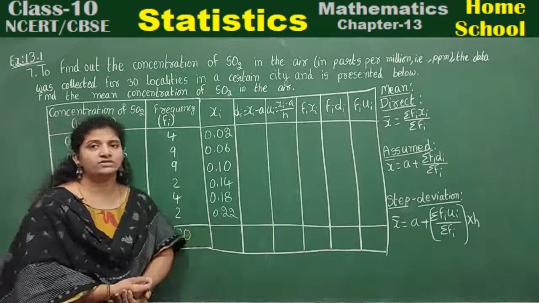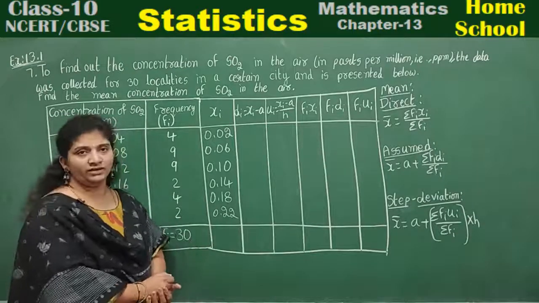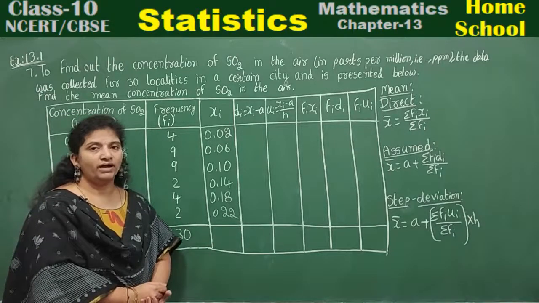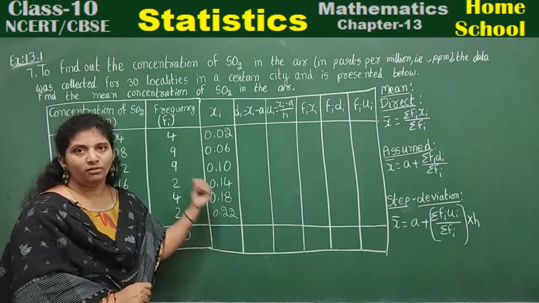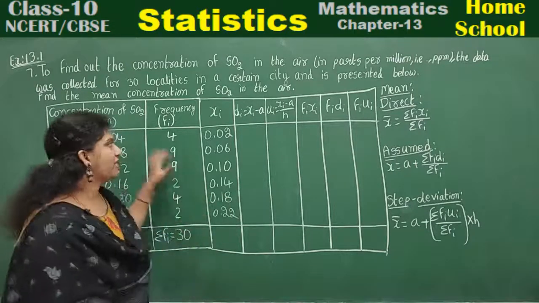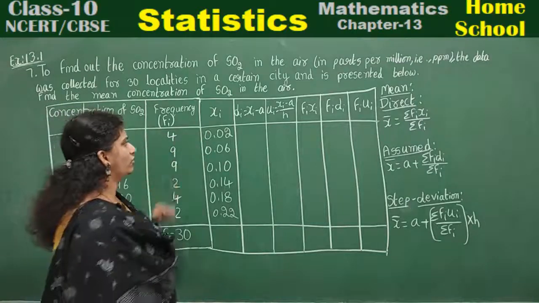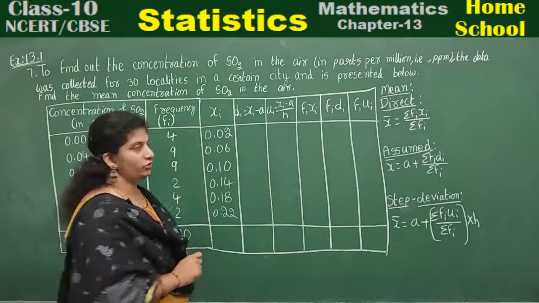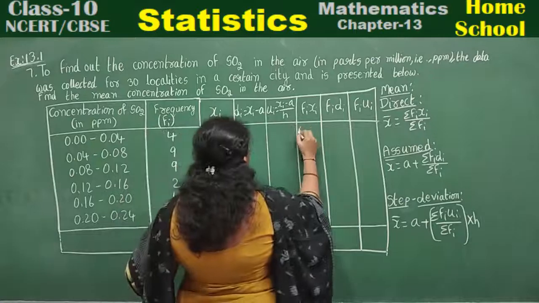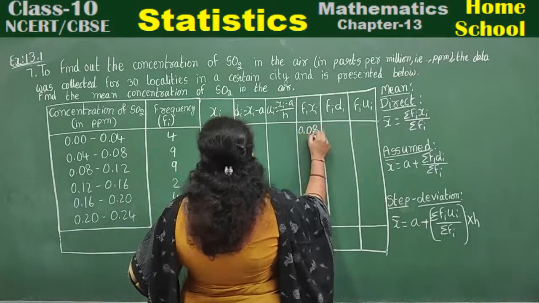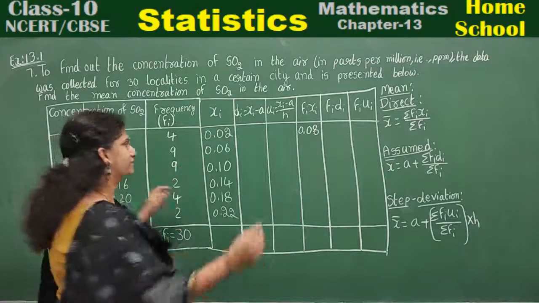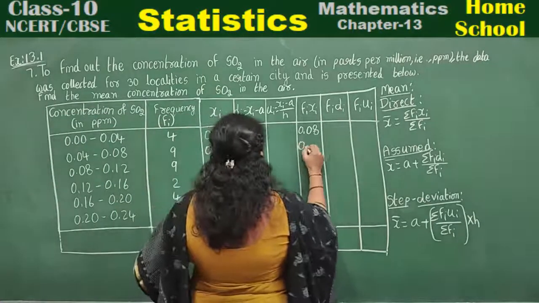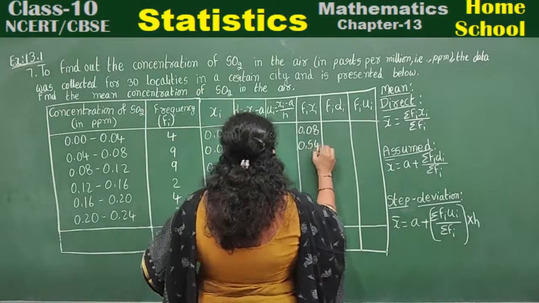Next step, we are going to start with the direct method. We need to calculate by direct method. Fi you know, Xi you know, multiply Fi Xi. Let's start multiplying these two. 4 into 0.02, it will be 0.08. Next, 9 into 0.06, 0.54.